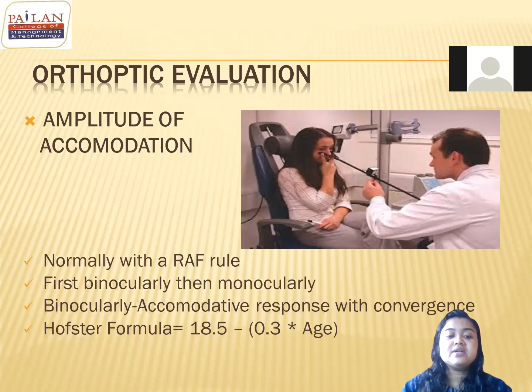To calculate that, there is one formula called Hofstadter's formula. Hofstadter's formula is 18.5 minus 0.3 into age, right? 18.5 minus 0.3 into age.